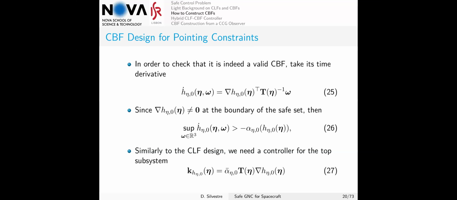relatively easy to do. And once again, we need a nominal controller for the top system. And so we are just going to use this controller, where the constant that we are later going to design for this part appears here.